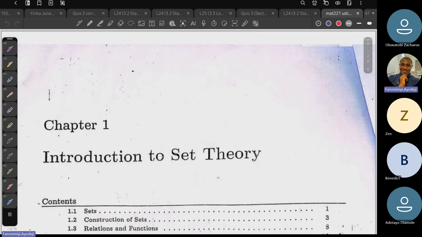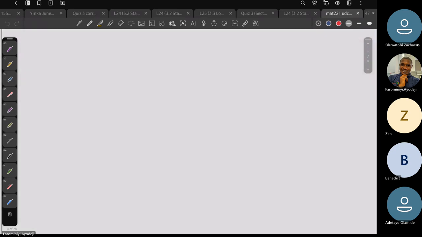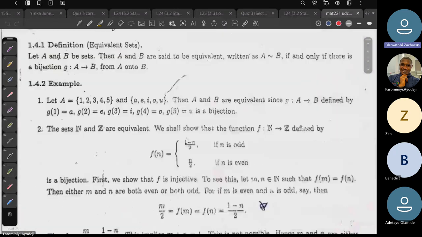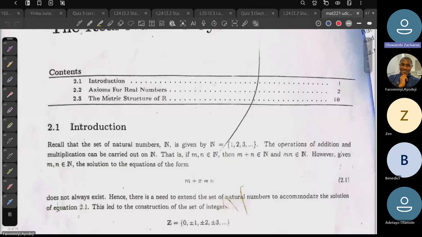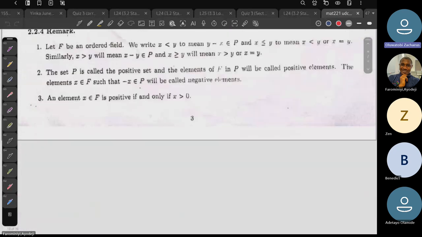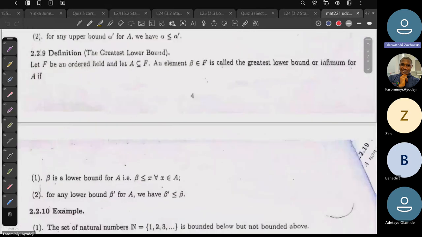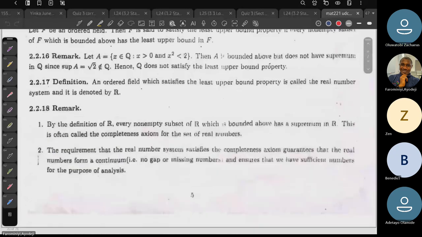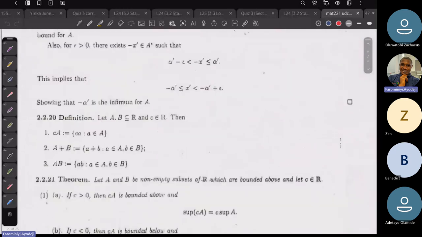Can you still see my screen? You guys should mute yourself. Okay, I have muted him.